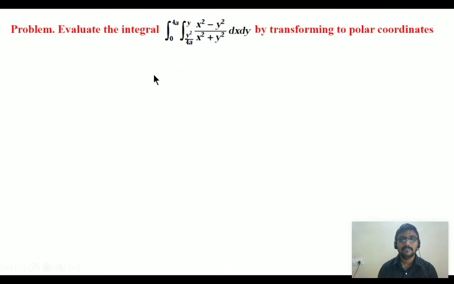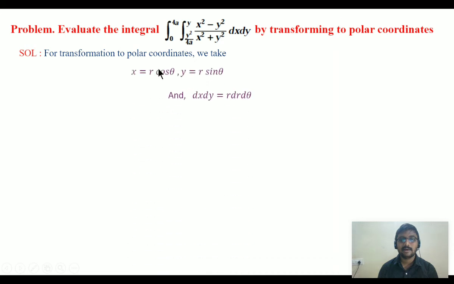Another example: evaluate the integral by transforming into polar coordinates. For transformation of coordinates, we take x is r cos theta, y is r sin theta, and dx dy is r dr d theta. Now we have to obtain the limits for r and theta.